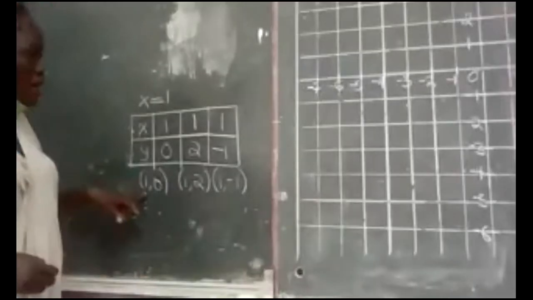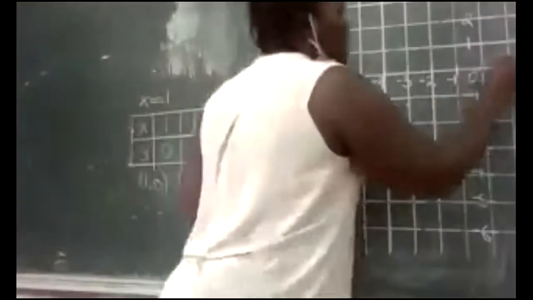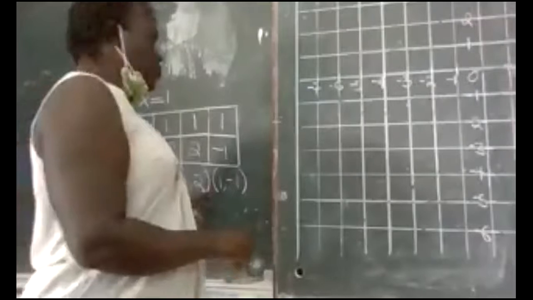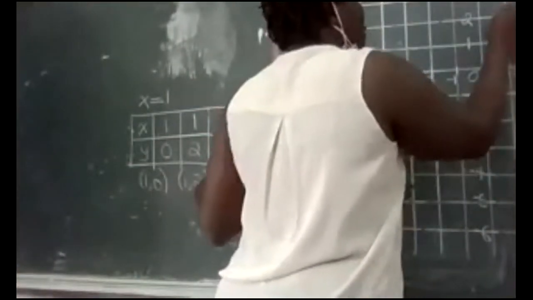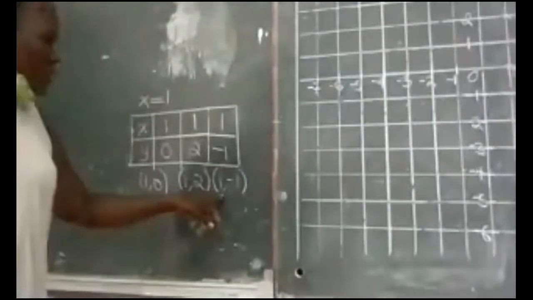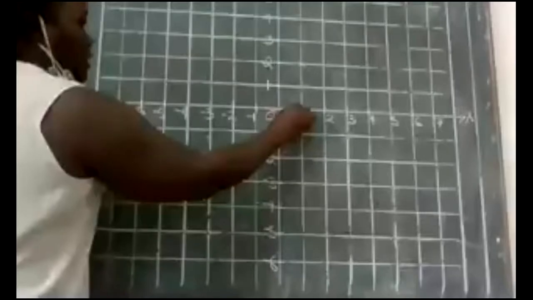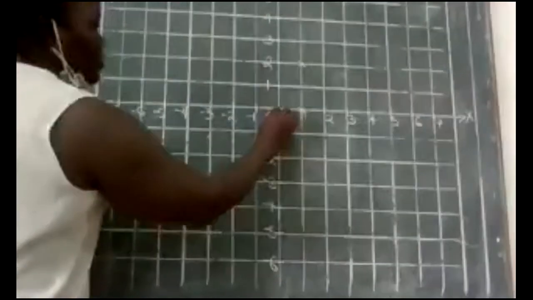Thank you. So 1, 0 is at this point. 1, 2 is at this point. And then I have 1, -1. From here, 1, then -1 is at this point.